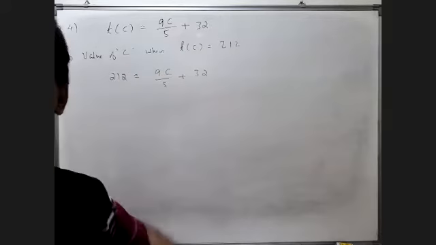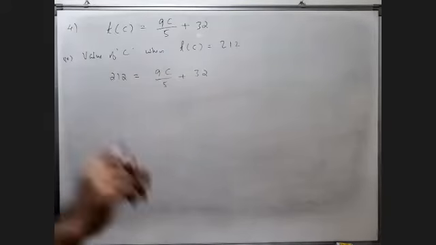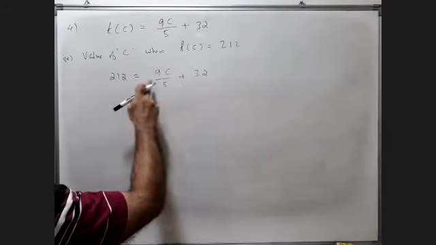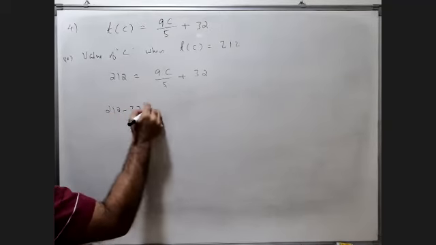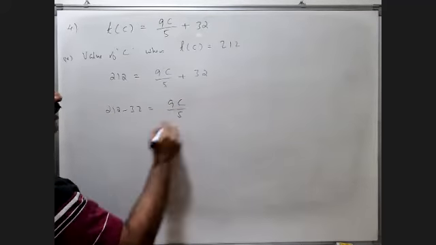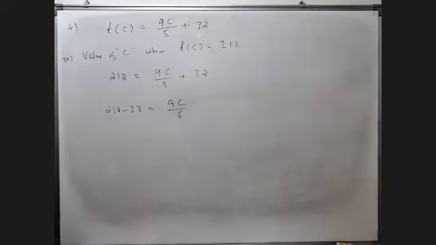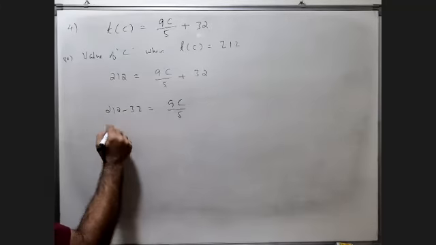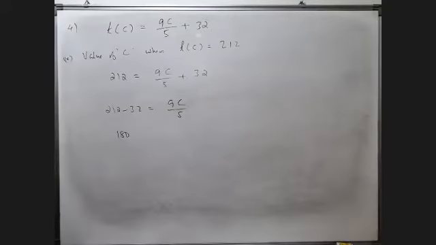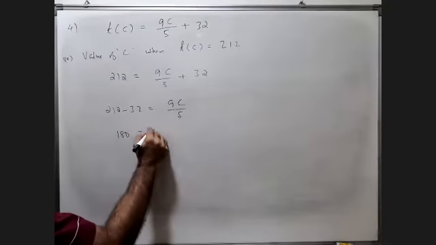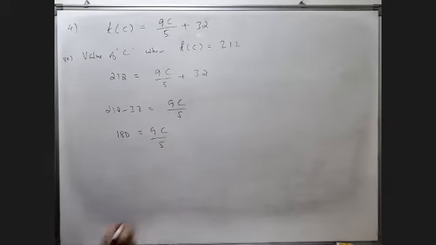Again, it's an equation. Yes, you're right. First take 32 to the left hand side. 212 minus 32 is 9C by 5. 212 minus 32 is how much? 180 is equal to 9C by 5.